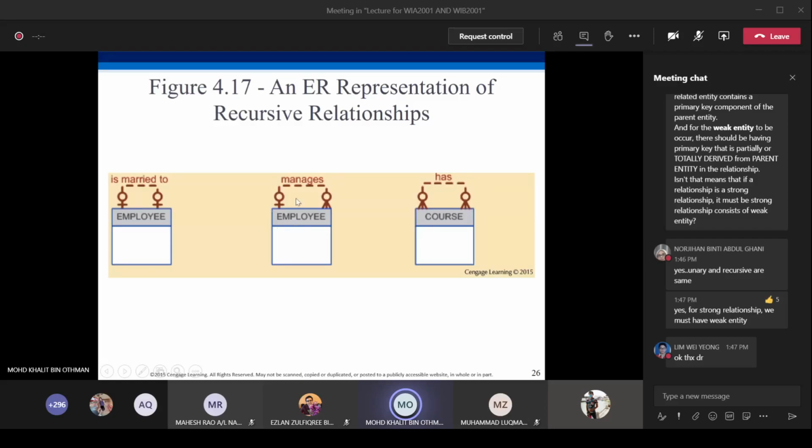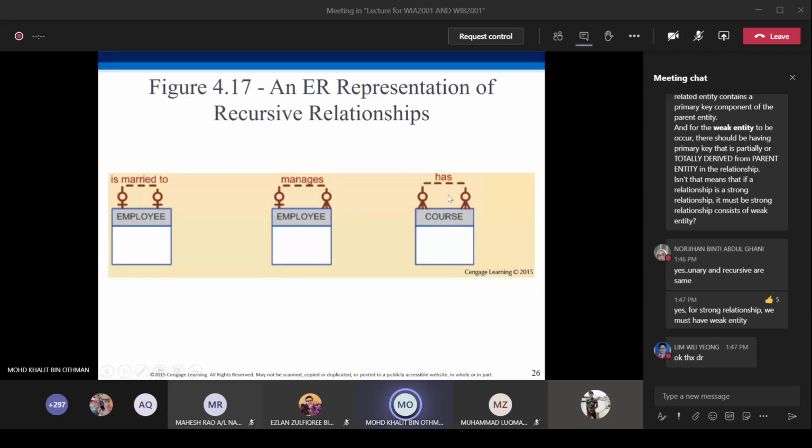This is a one-to-many relationship, where each employee is managed by one employee. Because maybe one employee is a manager that manages many employees, and one employee as a worker is managed by only one employee, who is the manager.